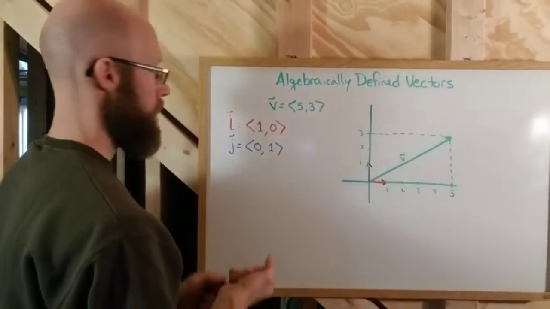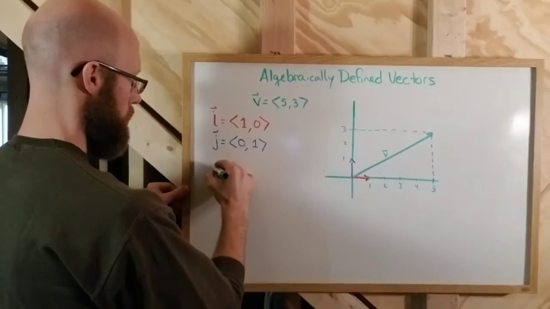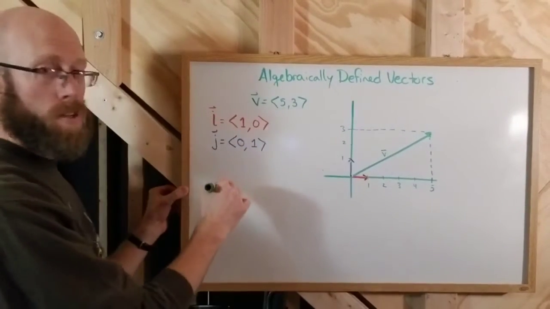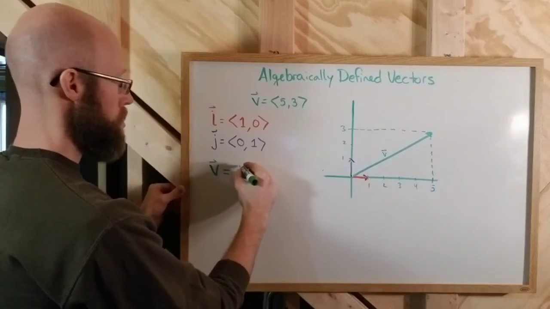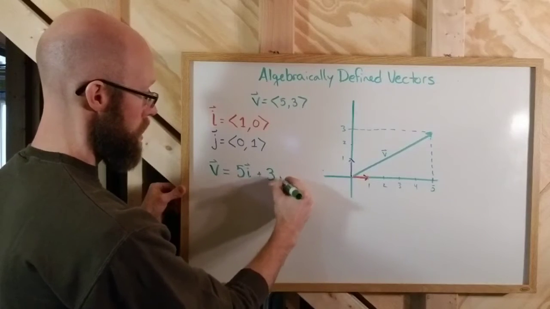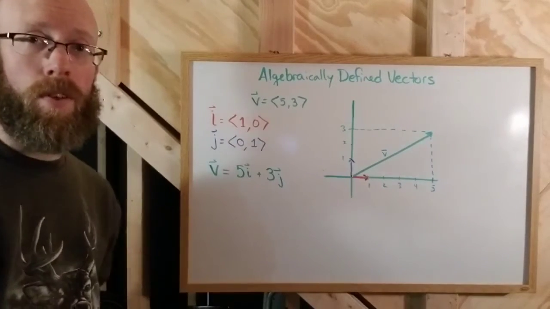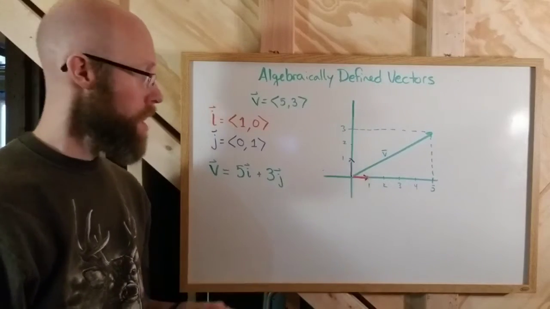Okay, so now we have a way to combine i's and j's to get other vectors. So vector v then is a combination of 5 i's plus 3 j's. Okay, so i and j are what we call unit vectors.